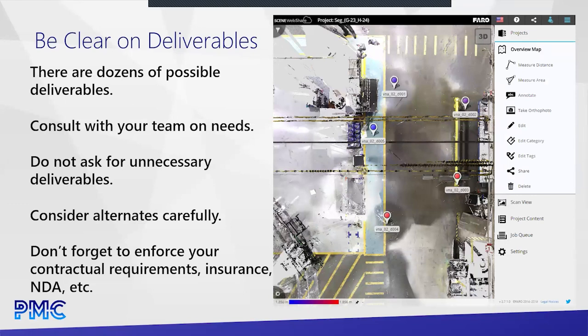Being clear on your deliverables. This is a big one. Especially nowadays, it's not just scanning. The market for what could be loosely considered scanning, or more broadly reality capture, has fractured into a lot of different equipment, a lot of different techniques.